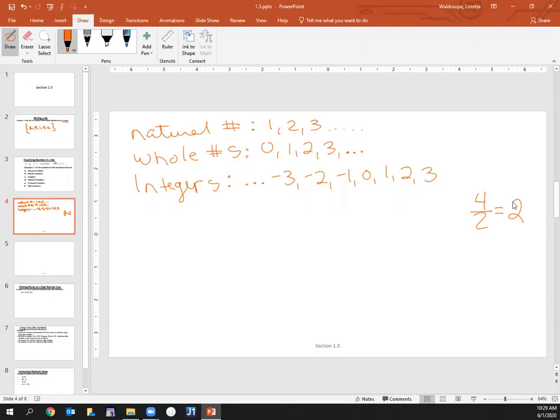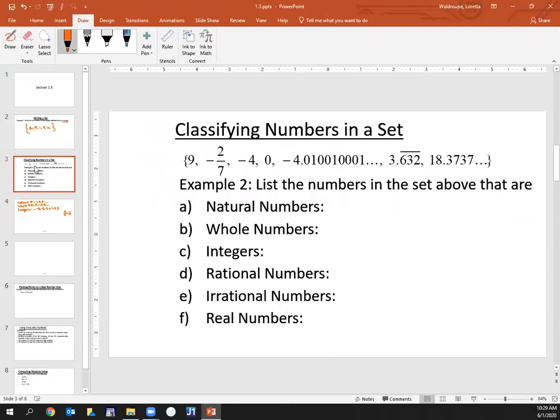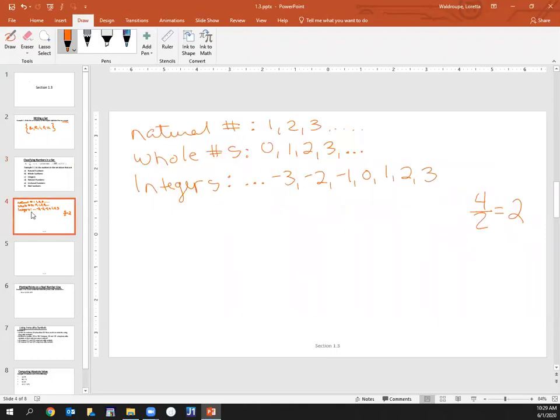After integers, looking back at our set, see, I'm going in order, natural, whole, integer. After integers, you have rational numbers. This is where a fraction comes in.